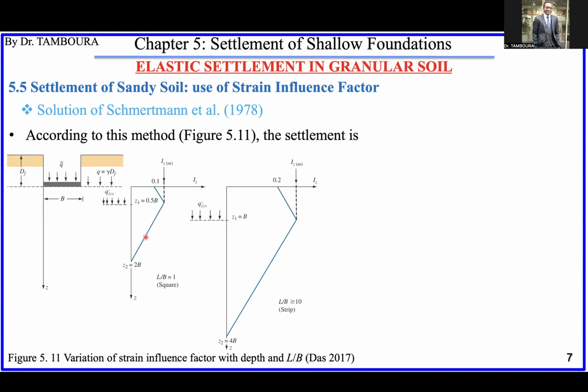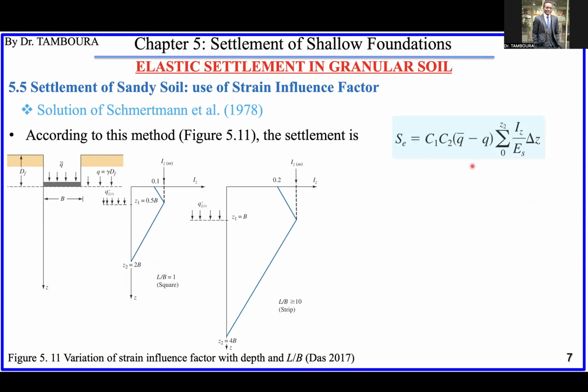The effect of the load is changing according to the depth, like this, and at each depth, you will of course have this influence factor. Similar illustration is shown here, but we are going to see how to read this chart.